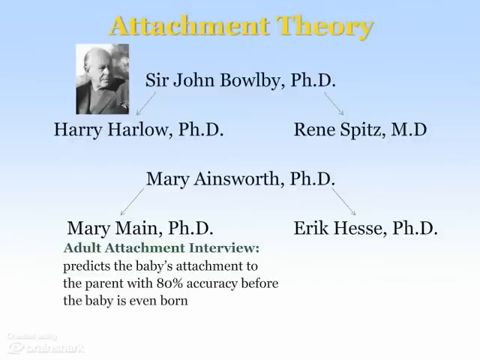They also found a fourth type of attachment. Mary Main found three types of attachment in her work: secure attachment, and then two forms of what she called insecure attachment: anxious insecure attachment and avoidant insecure attachment. What Mary Main found was a fourth type of attachment, disorganized attachment, and I'll define each of these attachment patterns in a minute.